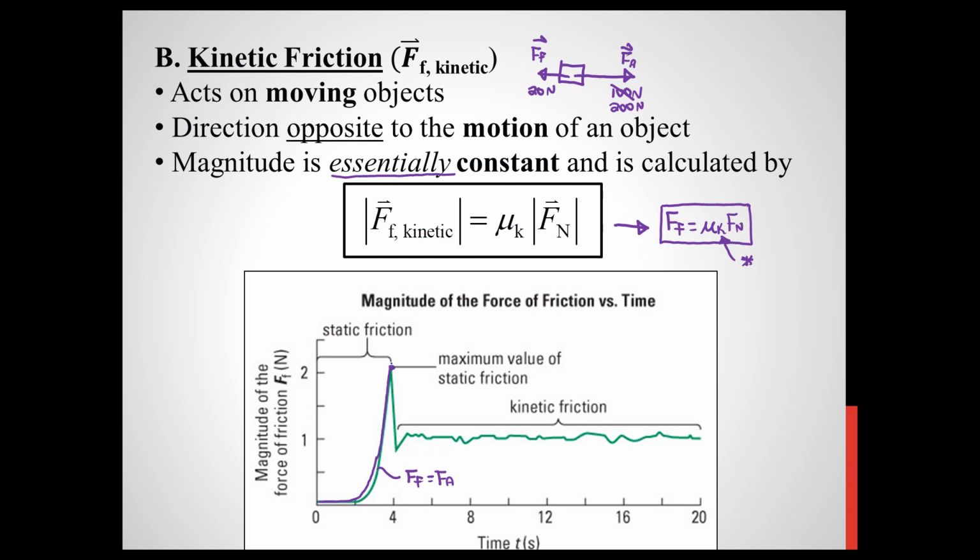At the very top here, your maximum static friction point, right before the breakaway point, we can calculate the force of friction at that point. The force of friction would just be equal to mu s times Fn. So again, this equation is only valid for static friction at your max point.